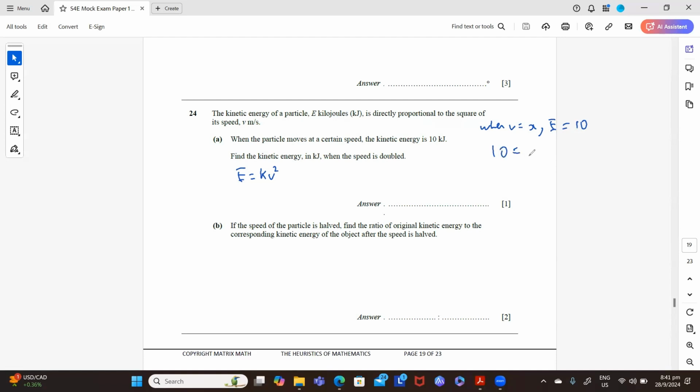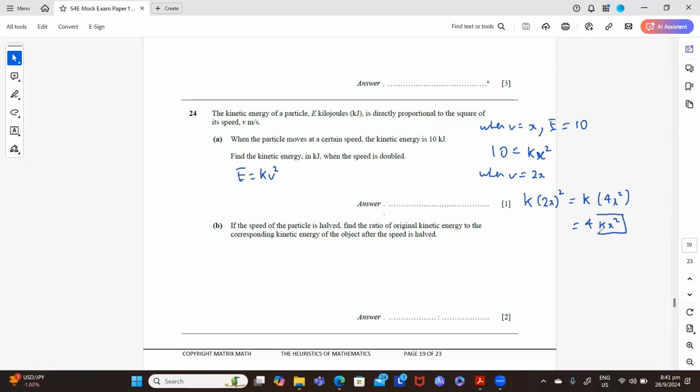Write down 10 equals k x squared. Write down when v is doubled, which means v equals 2x. What happens? So k v squared will now become k 2x squared, which becomes k 4x squared. So bring the 4 in front. So this is 4kx squared.